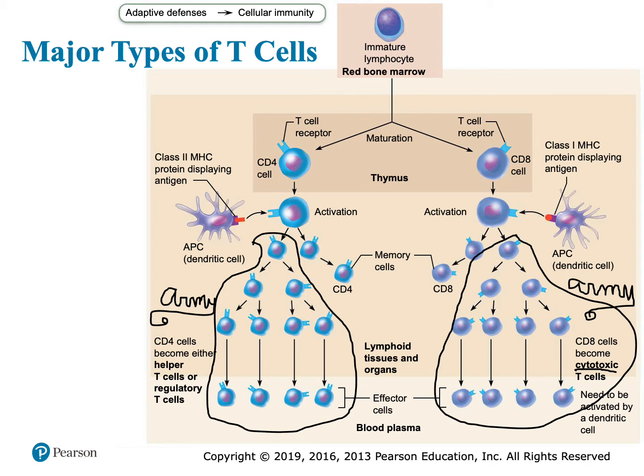So MHC1 for CD8, MHC2 for CD4, and then we're going to make a big old army, but some of them will be memory cells, and then they can float around in the blood plasma. They can go and hang out in a lymph node, though, or any of the lymphoid tissues.